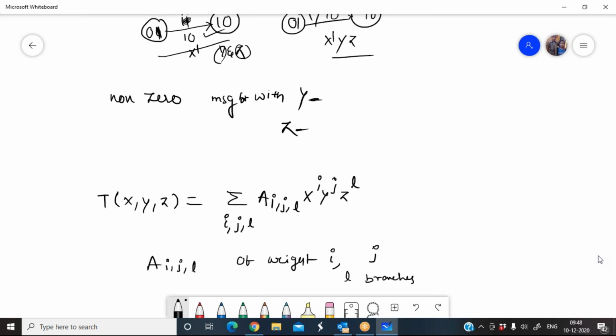So in order to indicate the length, you have to go for z. In order to indicate the information bits, you have to go for y. In order to indicate the non-zero sequence weight, you have to go for x. So i, j, l, x, y, z. Okay, that's it about the augmented transfer function.